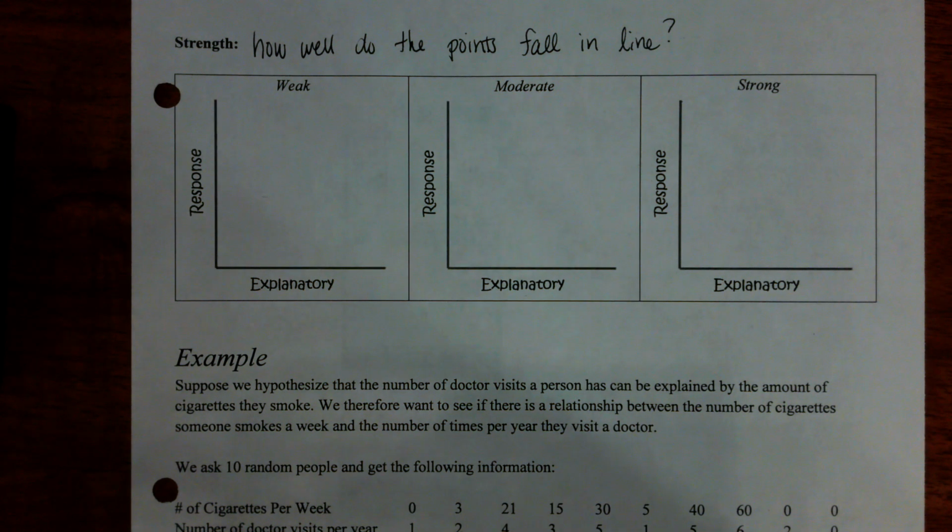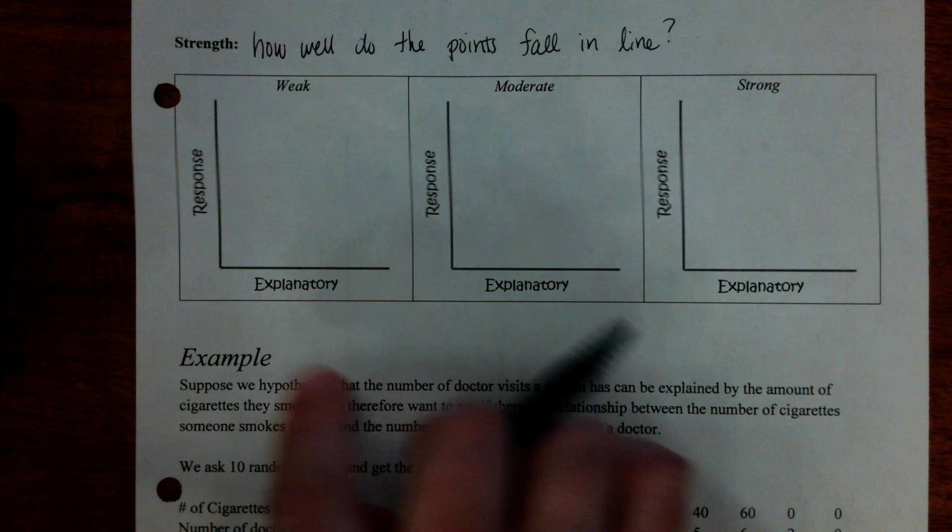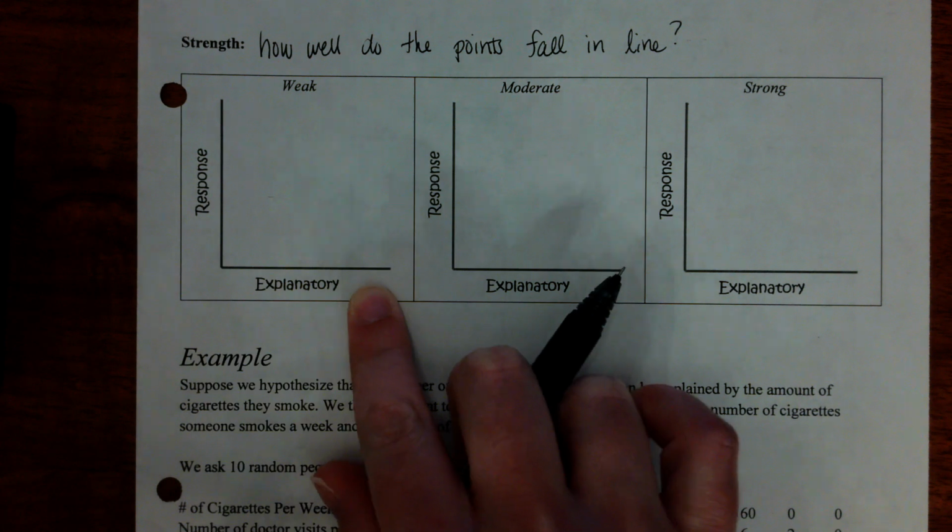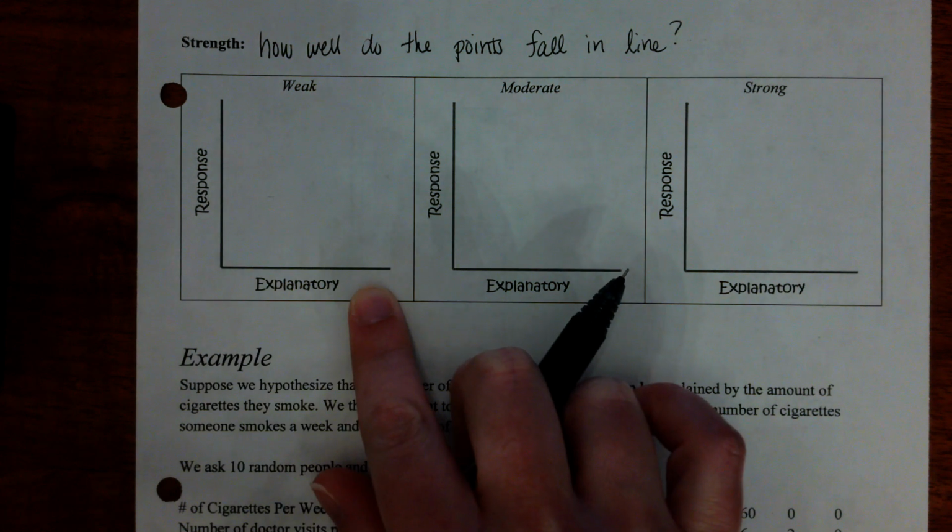We're going to go ahead and just look at positive values, because when we're looking at positive direction, we're going to make sure that our points are going to be increasing left to right, but you can also have the negative direction where they're decreasing left to right, or as our explanatory increases, our response decreases.